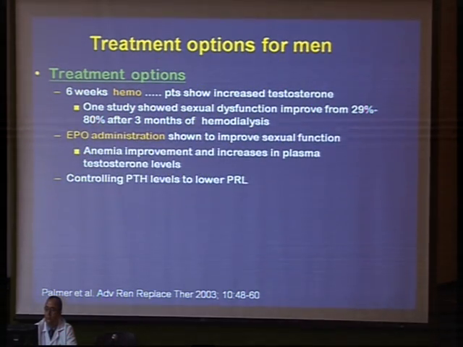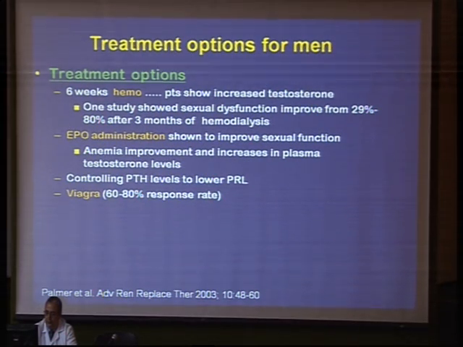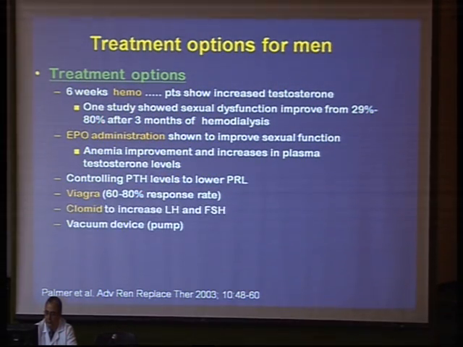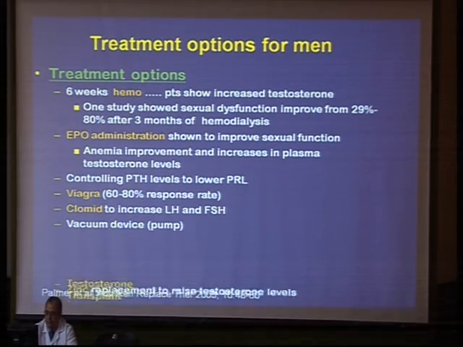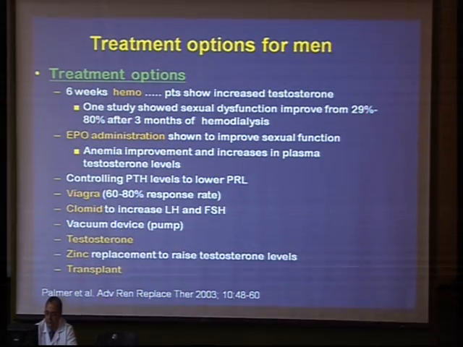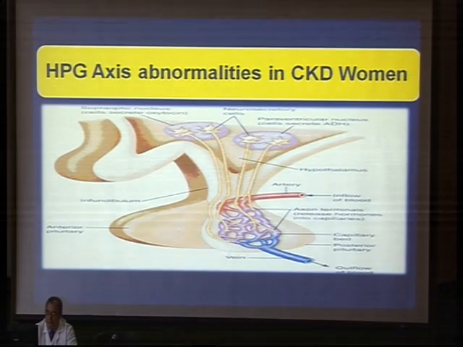Erythropoietin administration also improves anemia. This is our standard treatment of dialysis anemia, and it improves plasma testosterone level also, as does controlling parathormone level. Sildenafil and related drugs improve function; clomid, sometimes mechanical options, testosterone, zinc, and renal transplant can solve this problem. What about women?